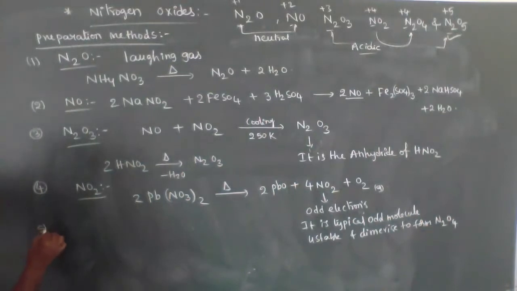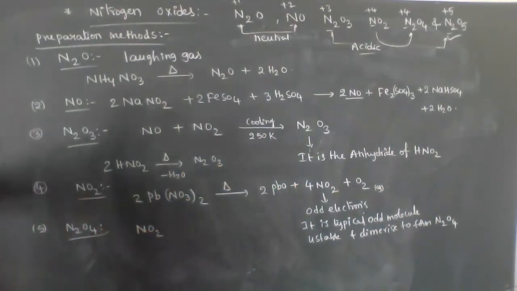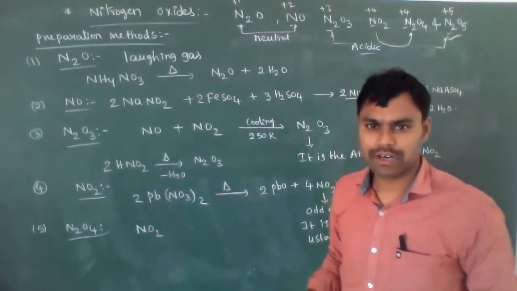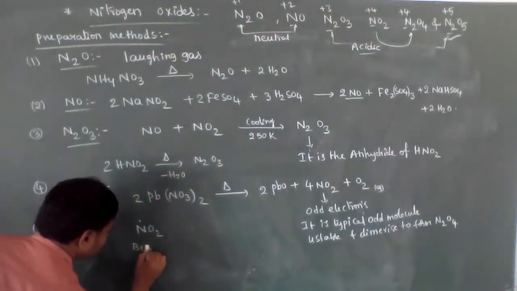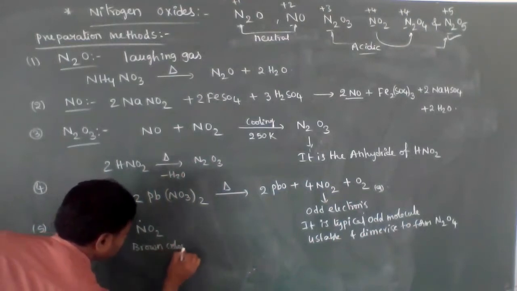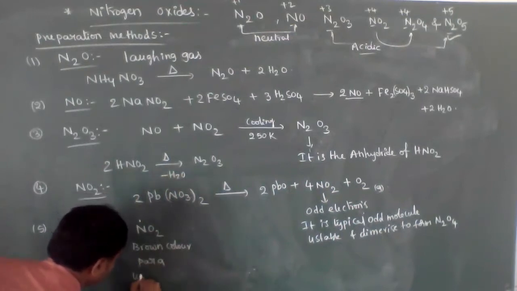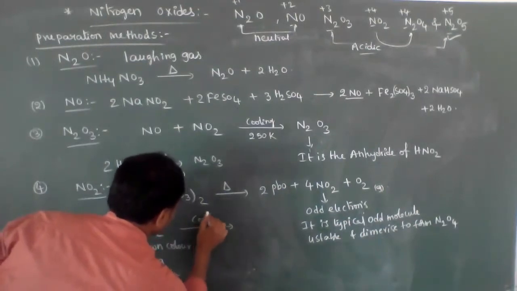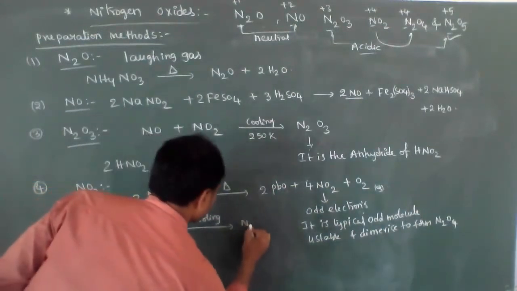Let's see the next one, N2O4. How can we prepare N2O4? NO2 contains an odd number of electrons. That's why it is unstable, and due to the odd number of electrons, it has a brown color. It is brown, paramagnetic and unstable. Upon cooling, it dimerizes and is converted into N2O4.